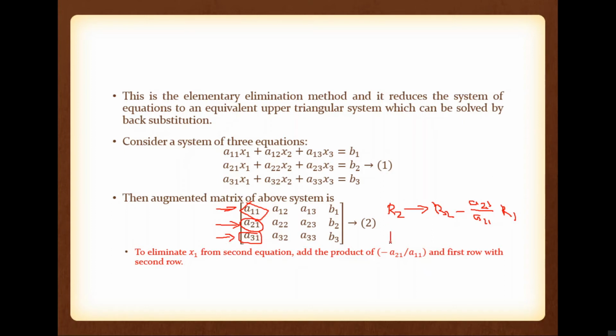So take row 3, R3, that is equal to the same R3 minus what we are going to remove. That is the numerator: A31, divided by the corresponding diagonal element, A11. So A11 is the pivot.